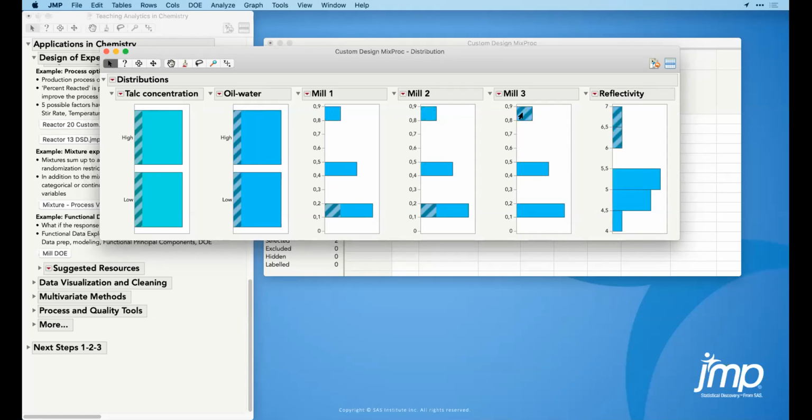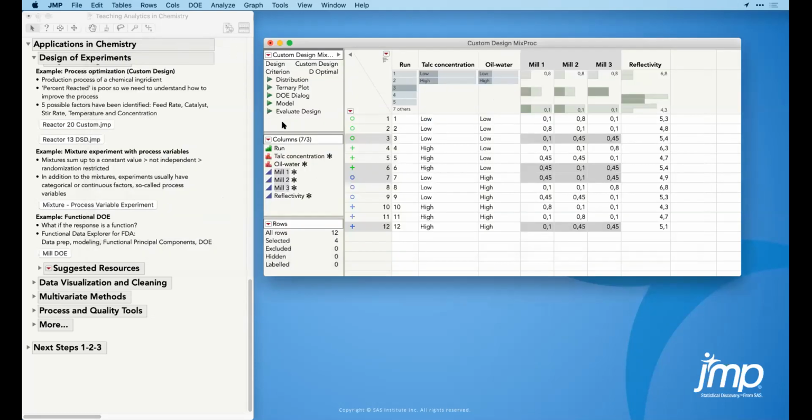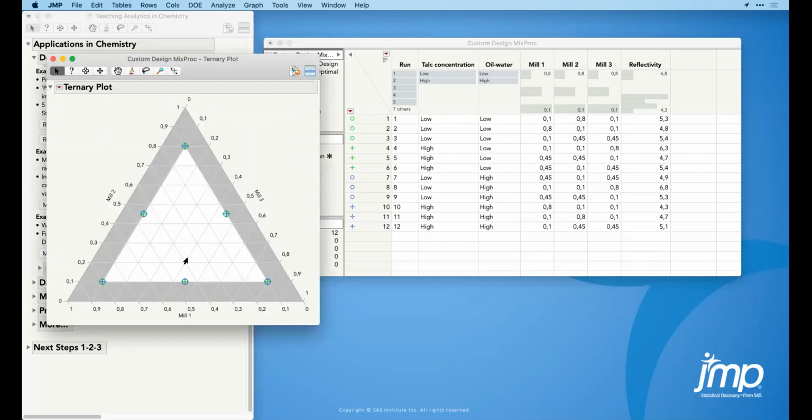Yeah, so high milling, or a lot of milling done on the third step, seems to be much better than a low setting here, or even a mid setting. So that's insightful, and we can learn a lot without building any model, but we can also build a model easily. This is a ternary plot, by the way, which is a typical visualization of mixtures.